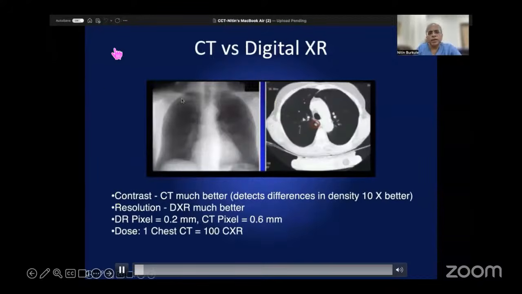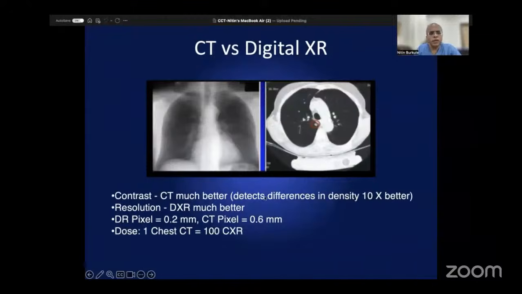If we compare CT with digital X-ray, then interestingly, though CT has a very good contrast resolution, almost 10 times better than digital X-ray, the spatial resolution of the digital chest X-ray is better than CT.